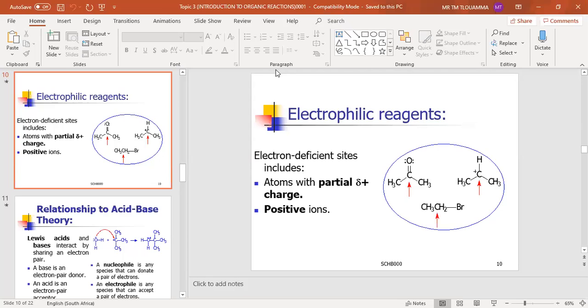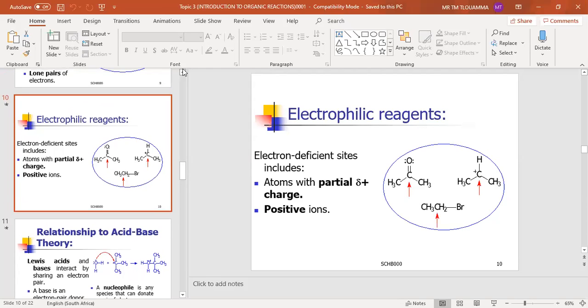Someone said I should repeat, so can we wait for these 5 minutes to elapse? Then if you feel like you didn't understand well, I will repeat the part on electrophilic and nucleophilic, right?